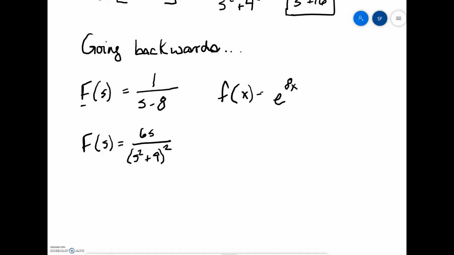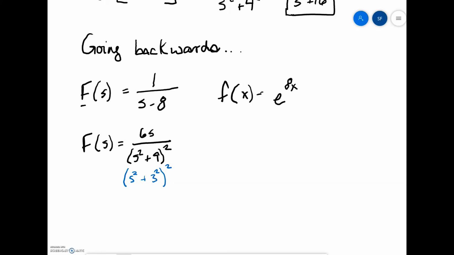So if we look at 9, it says 2as over s squared plus a squared, quantity squared. So then we would have to change this 9 right here into a number squared. So I'd have to rewrite this bottom as s squared plus 3 squared in order to be able to match what our formula has.